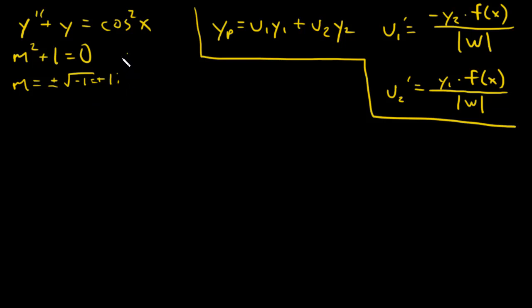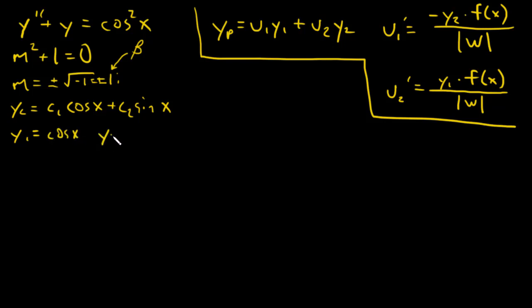So that's going to be my beta, and the alpha is going to be 0 because there's nothing in front of the plus or minus. So my y sub c is equal to c1 times cosine x, because it's a 1 in front of that x, plus c2 sine x. Which means my y1 is cosine x, and my y2 is sine x. I'm going to need that for this.